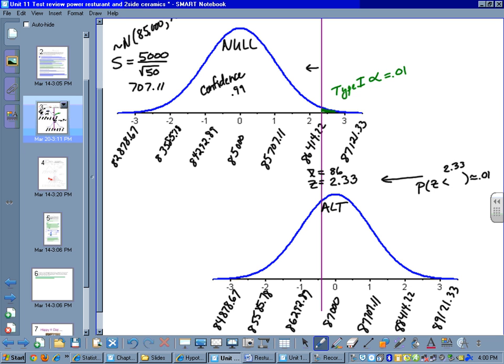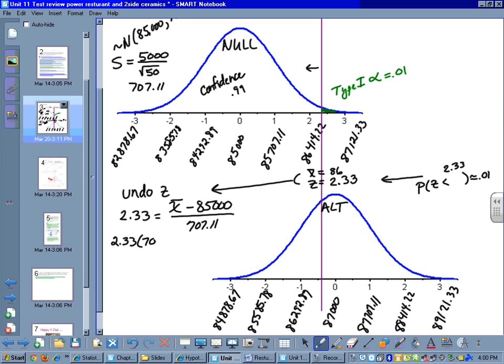Now I have to undo this situation to find my X bar. So I know that 2.33 is equal to the X bar that I'm looking for minus the mean of 85 grand divided by the standard deviation, which I found to be 707.11. So if I multiply 2.33 times 707.11 and add on 85 grand, I get my X bar to equal 86,647.57.